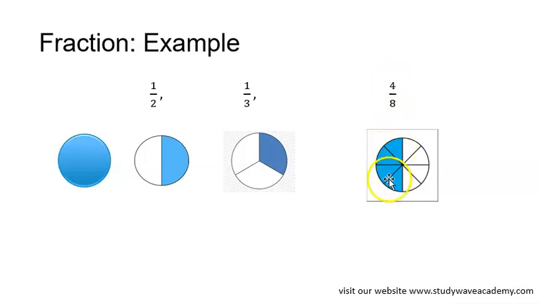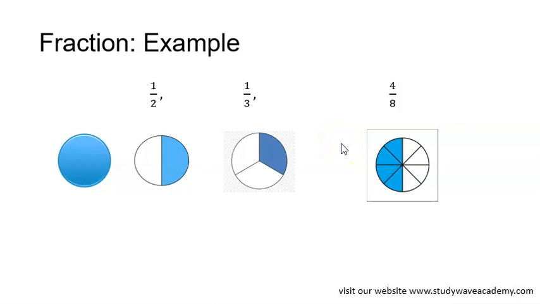Remember, the numerator represents the shaded part, and the denominator represents the full circle that is divided, into 8 parts. So our numerator is 4 and our denominator is 8, so we have 4 over 8.